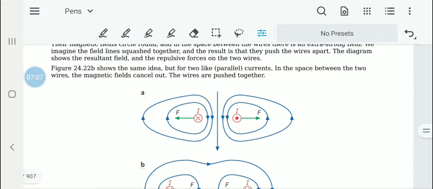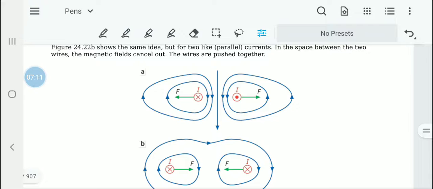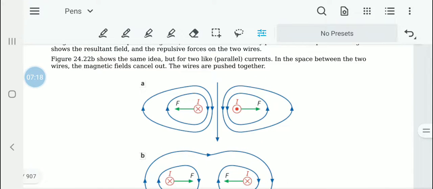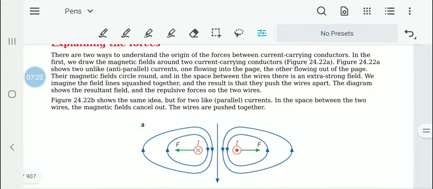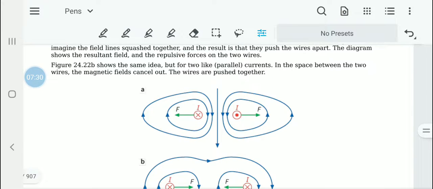You can write that down if you want, and after that write, if two opposite currents, within brackets anti-parallel currents or unlike currents, put a dash and write, one going into the book, the other one coming out of the book, the following effect would take place, where a strong magnetic force would be caused at the middle, and this would push the wires apart.